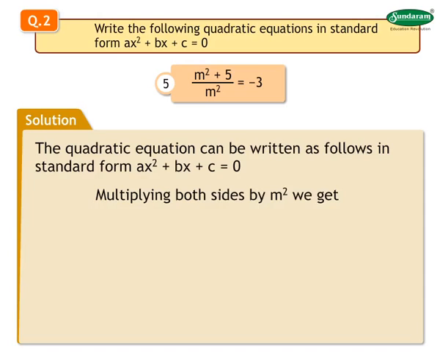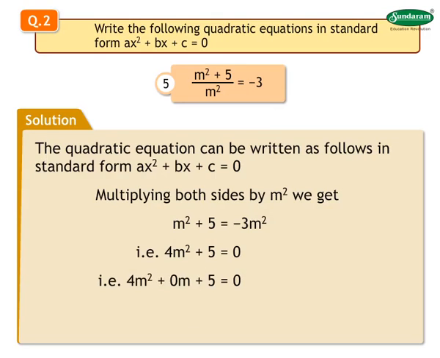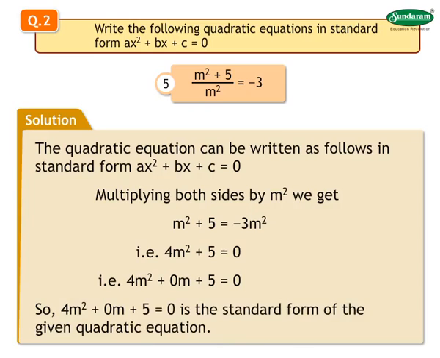Multiplying both sides by m square, we get m square plus 5 is equal to minus 3m square. That is, 4m square plus 5 is equal to 0. That is, 4m square plus 0 into m plus 5 is equal to 0. So, 4m square plus 0 into m plus 5 is equal to 0 is the standard form of the given quadratic equation.